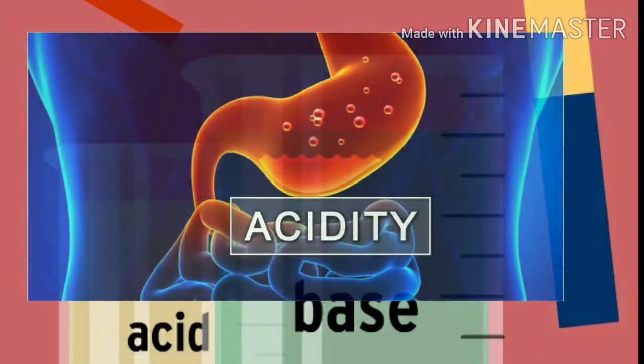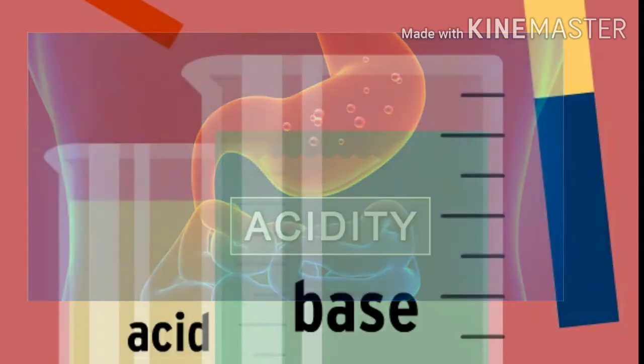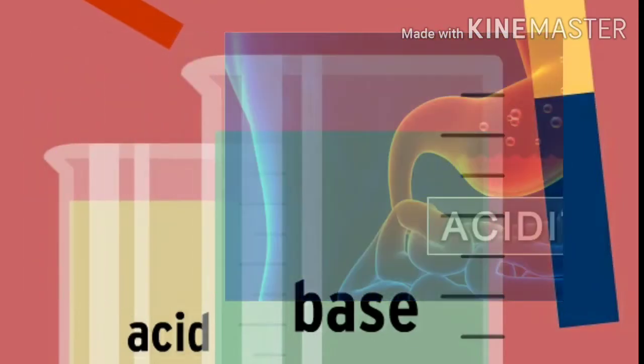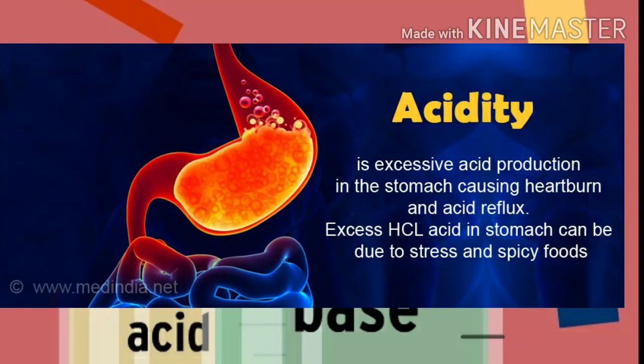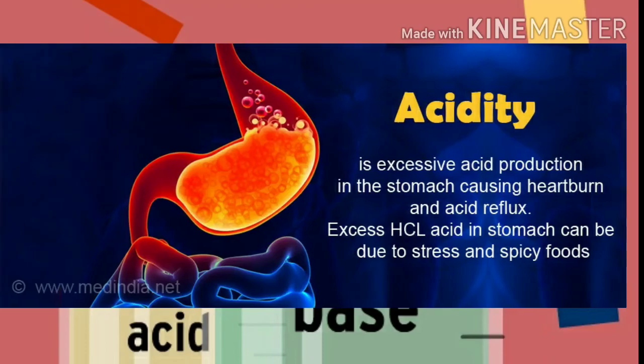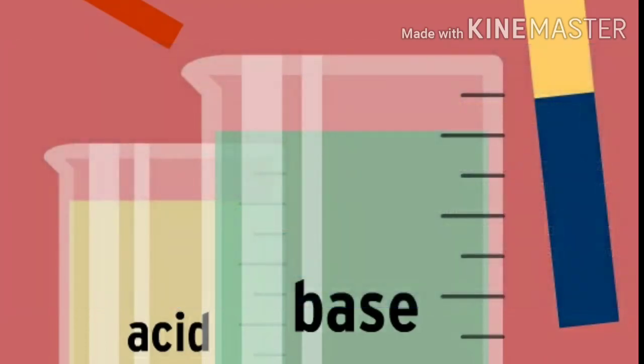Now let's learn about acidity and how it is cured by using a base. Acidity is a common problem faced by many people. It is caused due to excessive secretion of hydrochloric acid in the stomach.